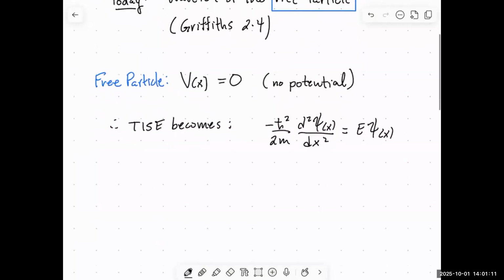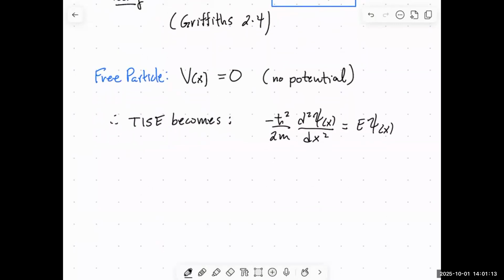Okay, so I'll make the point that if we were to collect some constants, let's say we multiply by 2m and divide by h bar squared, we would have 2mE over h bar squared. I'm going to define that in terms of some other constant k, and actually I'm going to make k the square root of all of that, 2mE divided by h bar.